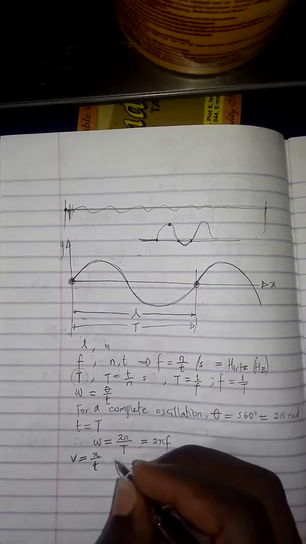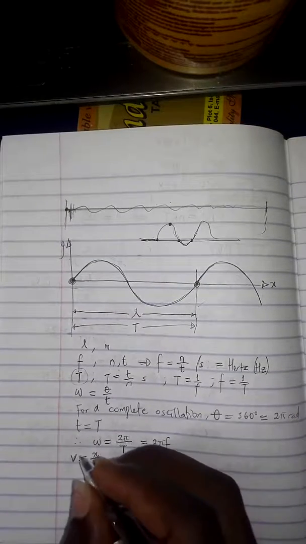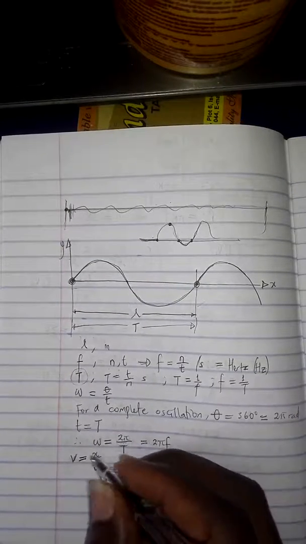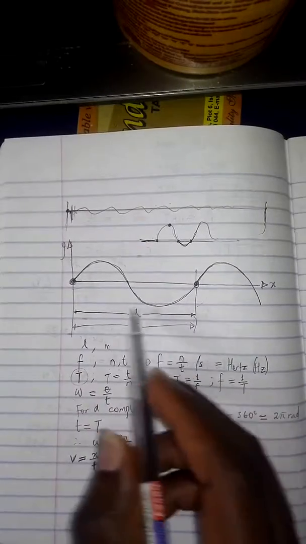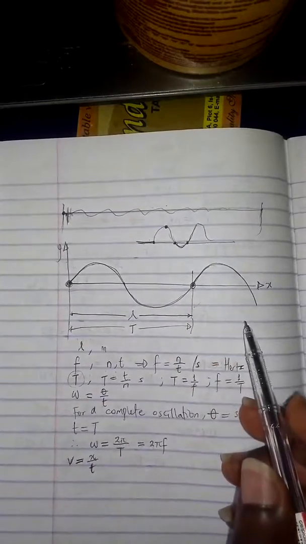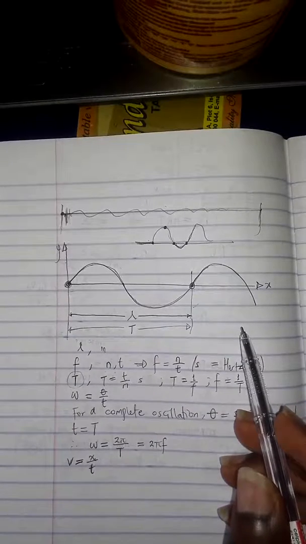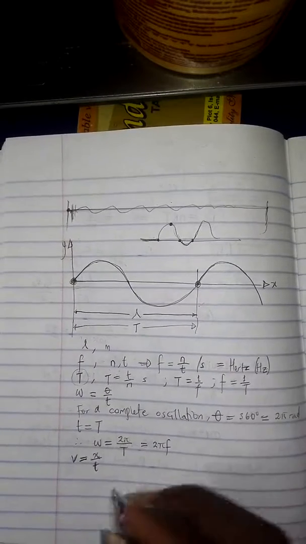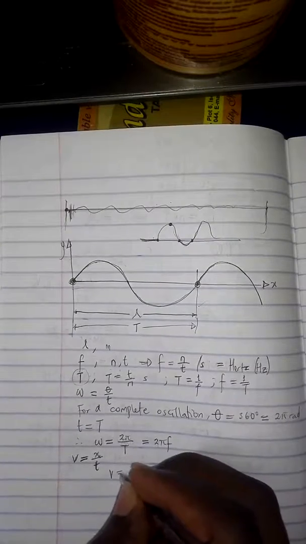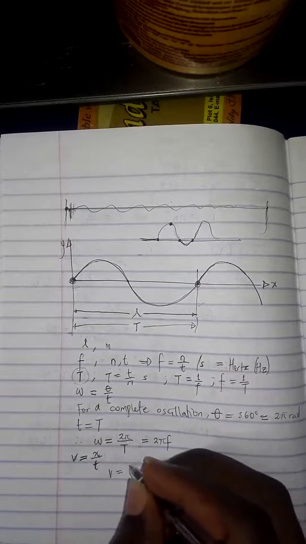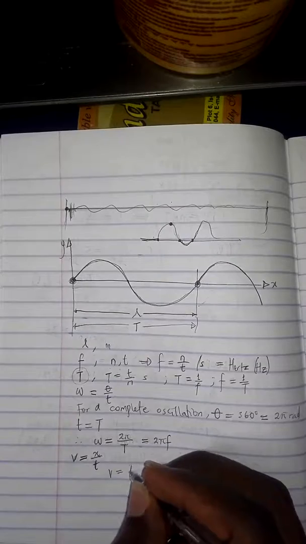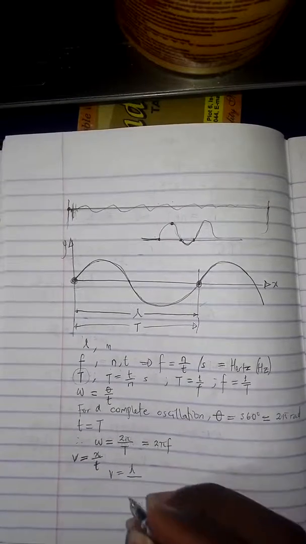For a complete oscillation, our x is going to be equal to the wavelength, because in a complete oscillation the particles of the medium will have gone through a length equal to the wavelength. So v is equal to the wavelength, lambda, divided by the time.